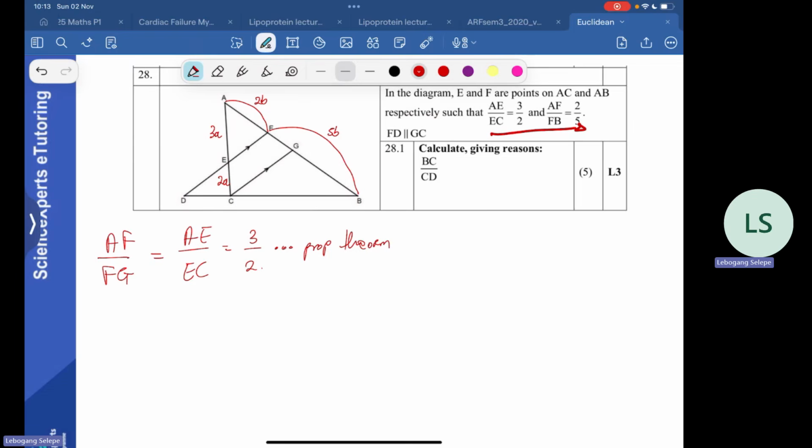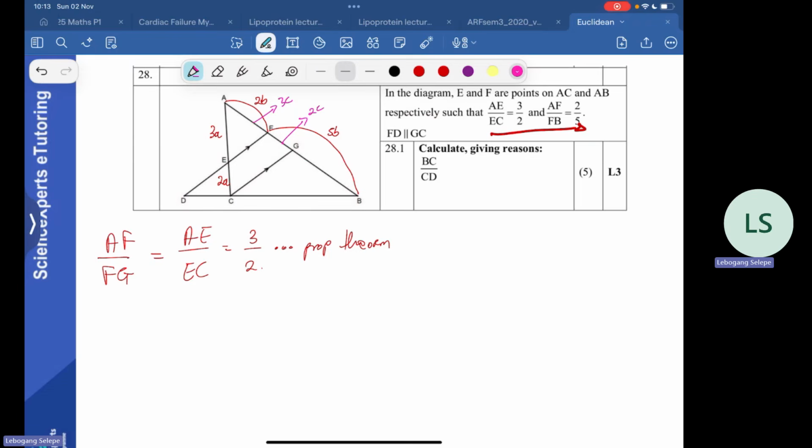So if this over that is 3 over 2, I can call this one 3C and call this one 2C.